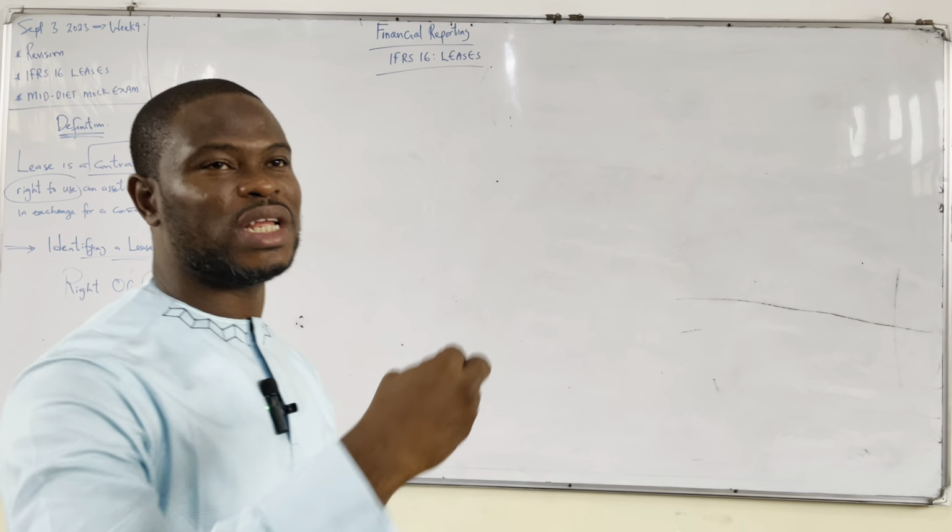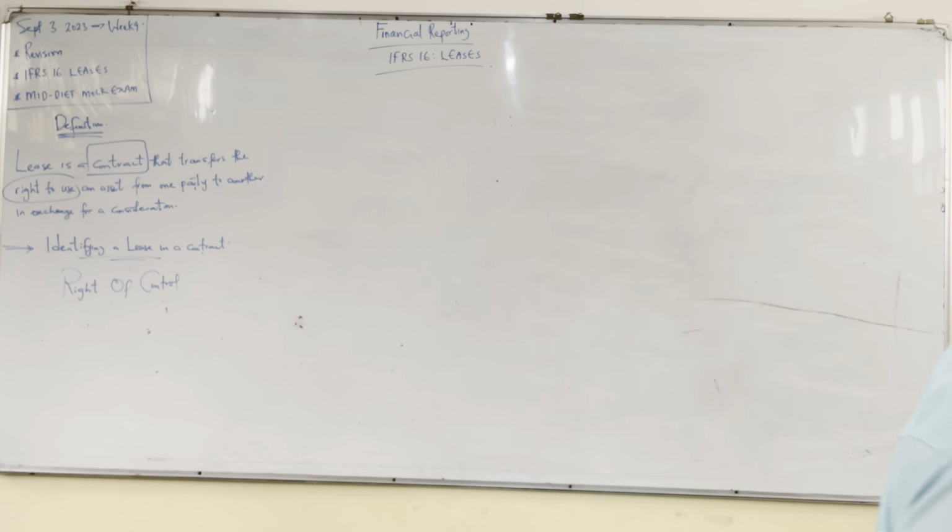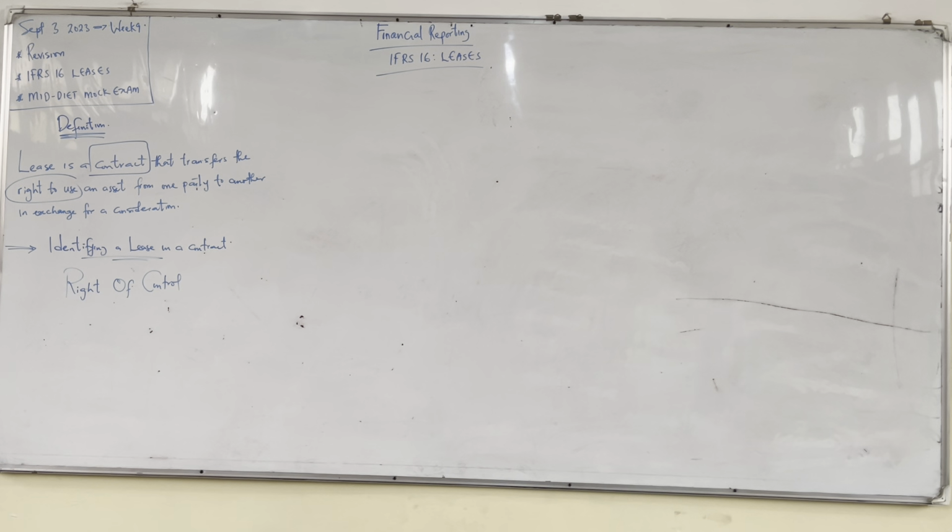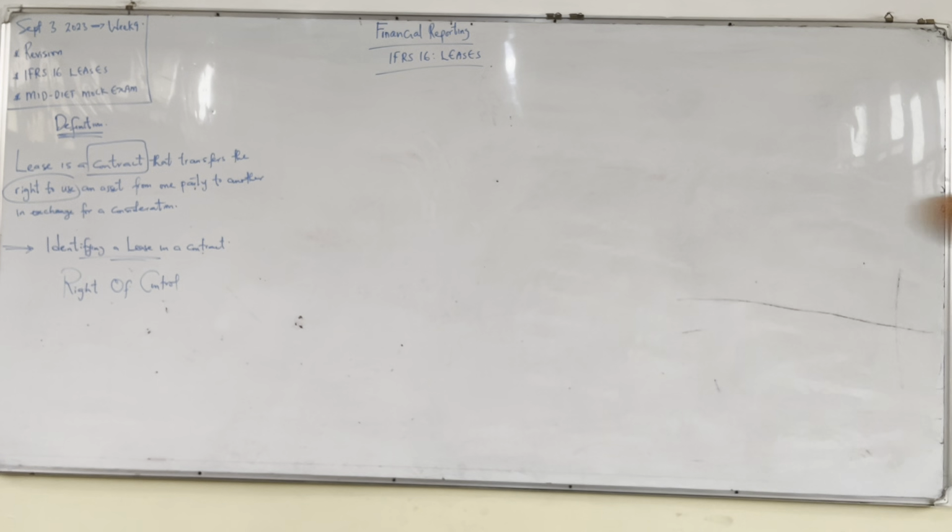And who will have this right of control? The person that is renting the assets. Whoever it is that wants to rent, not the original owner, but the person that wants to rent it. What we spot or look for is right of what? Control. That's how we identify a lease in a contract.